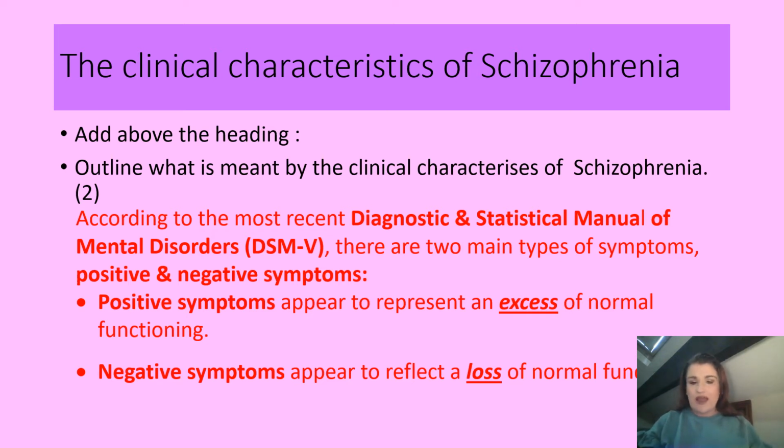We're going to look at that in more detail now, but there are 2 overall main symptoms with schizophrenia. We've got positive symptoms, which represent an excess of normal functioning, and I'll go through some examples of that in a moment. And the negative symptoms, which are a loss of normal functioning.